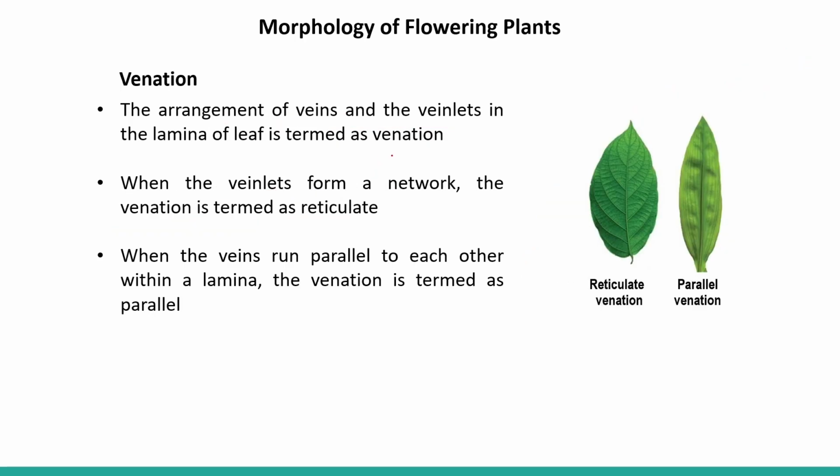Moving to the next slide. Venation. We have discussed venation, but let us discuss the types of venation. The arrangement of veins and veinlets in the lamina of a leaf is termed as venation. So here we are having two different leaves. So this is the main vein, which is called the midrib, and here also the main vein is present, which is called the midrib.